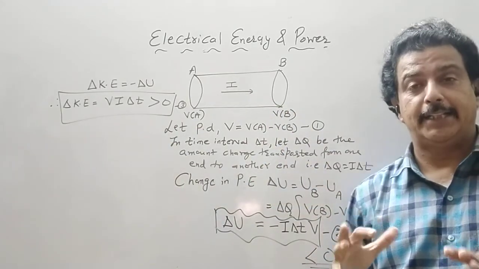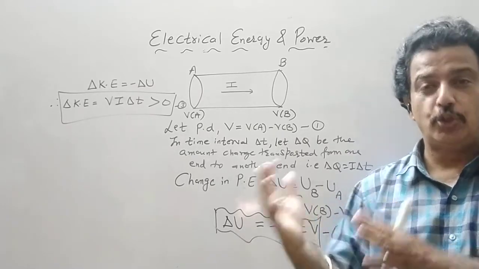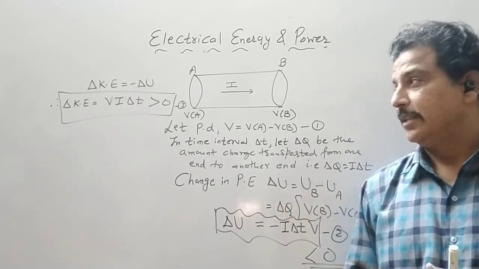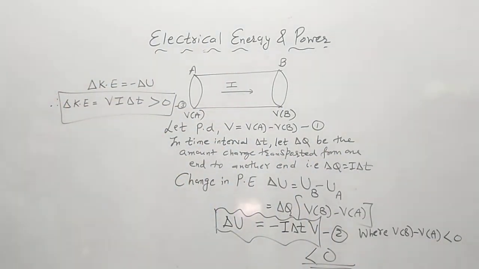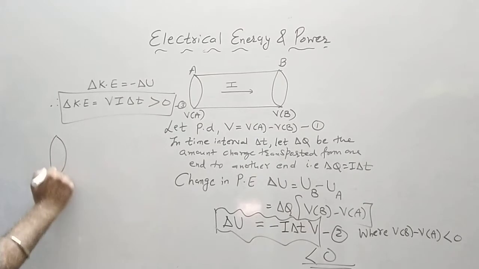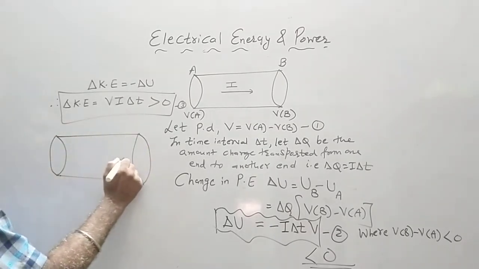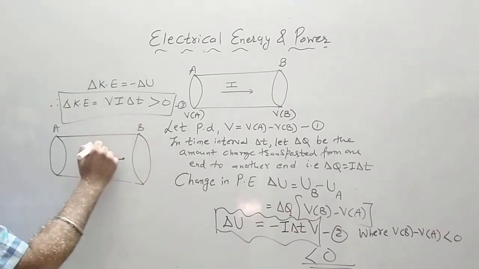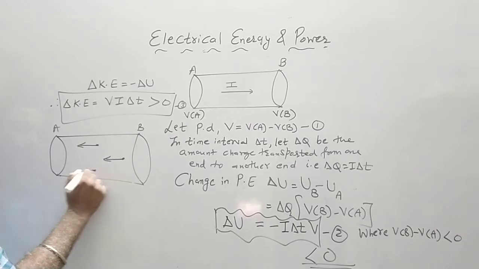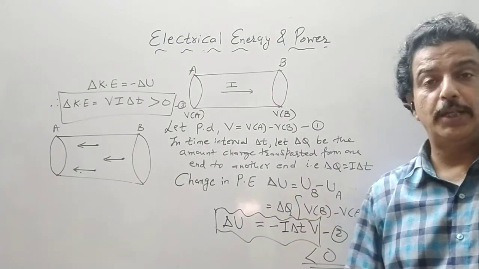Now if the kinetic energy increases, where is that energy used up, that you have to see. Now when the kinetic energy of the charge increases, let us consider what happens inside. Suppose the electrons are moving from point B to point A, or from one end of the conductor to the other end. We have arrived at the conclusion that the kinetic energy should increase.